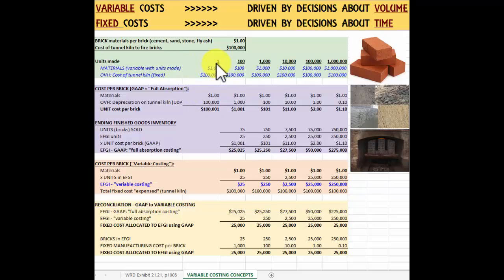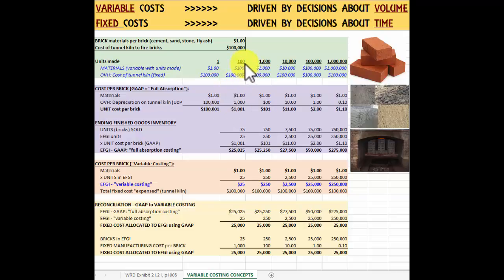But let's say that we show the production run from 1 brick to 1,000,000 bricks and calculate what the cost per unit would be. So if we made only 1 brick, we would add $1 of materials plus $100,000 of fixed overhead for the year's depreciation, and that 1 brick would cost $100,001.